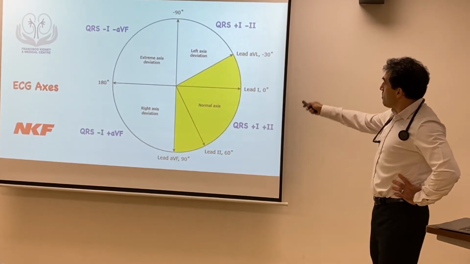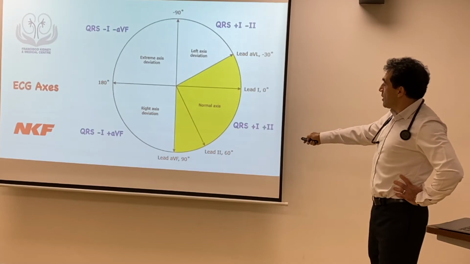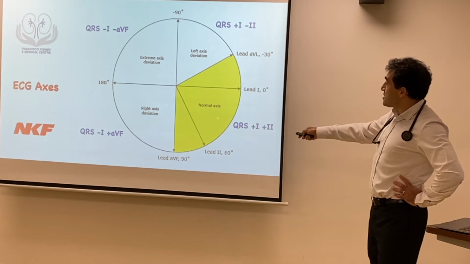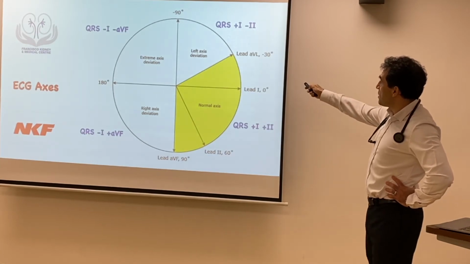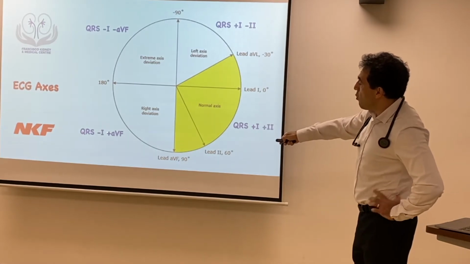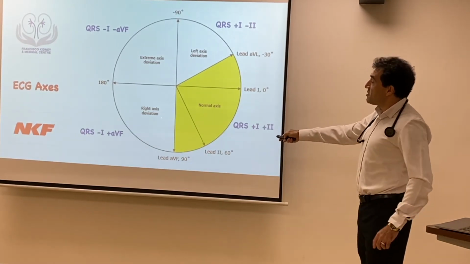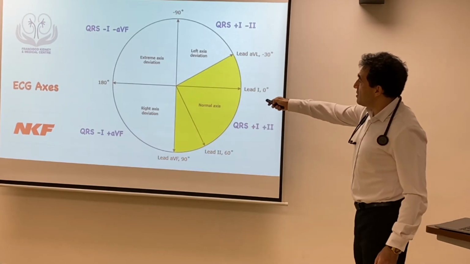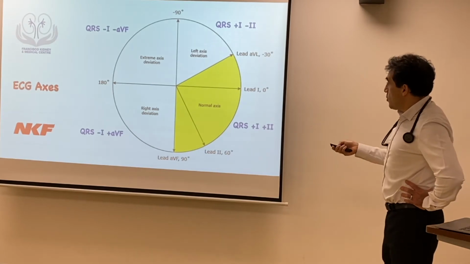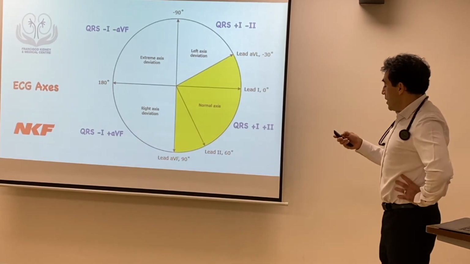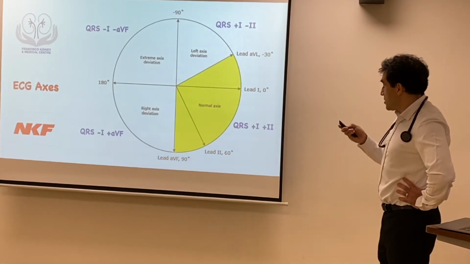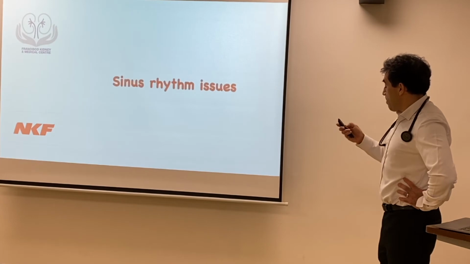There is a rule of thumb: if the QRS complexes are positive in leads 1 and 2, it's a normal axis. If it's positive in 1 but negative in 2, left axis deviation. If it's negative in 1 and positive in aVF, it's a right axis deviation, and if it is negative in both of these, it's extreme axis deviation. I will focus more on pattern identification, but it's important to always calculate the axis of the ECG.